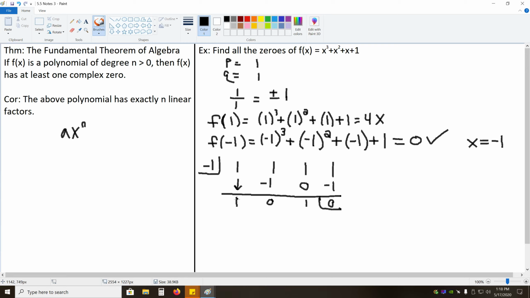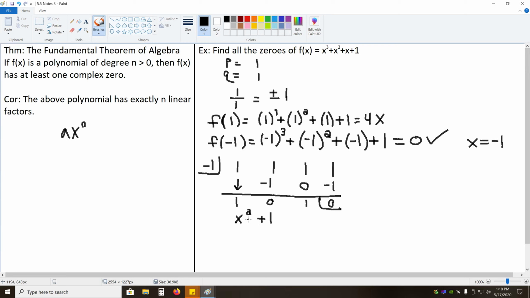These are the coefficients of our factored solution, and we always start with 1 less than the largest exponent, or the degree. So we get 1x squared, or just x squared, plus 0x plus 1.